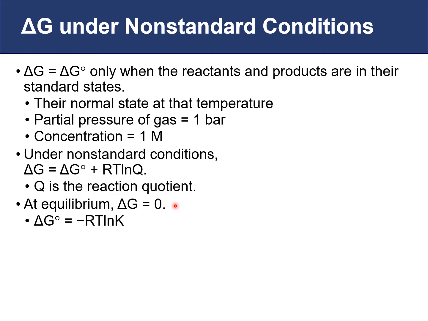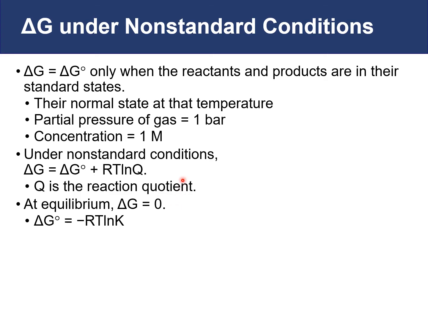If the system is at equilibrium, neither the forward nor the reverse direction are favored. The reaction maintains its concentrations, and so there is no driving force, which means that if we are at equilibrium, the chemical potential, or the chemical driving force, which is the Gibbs free energy, is equal to 0.